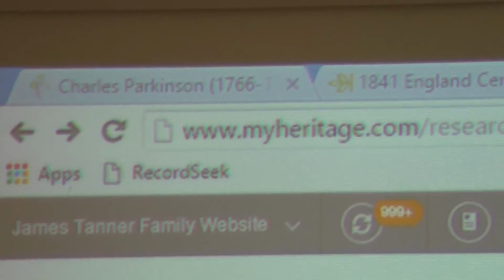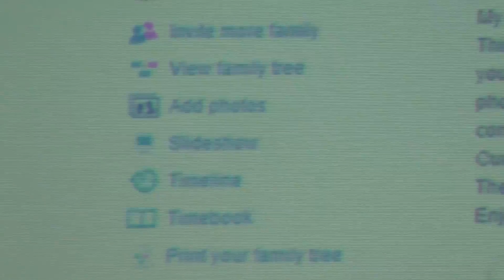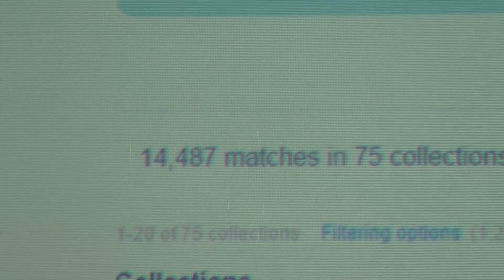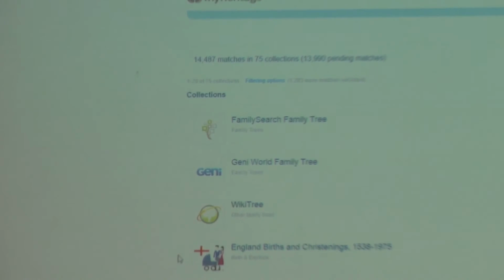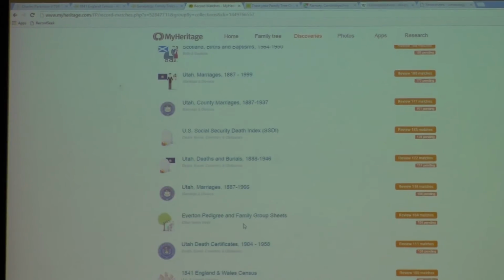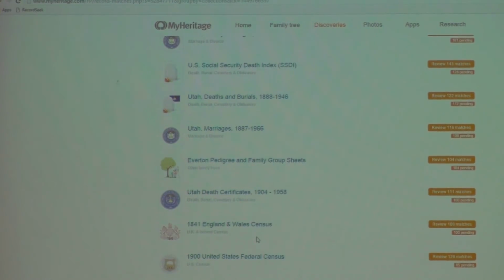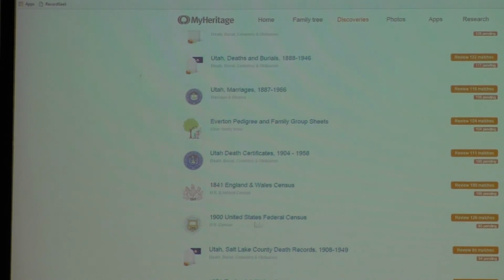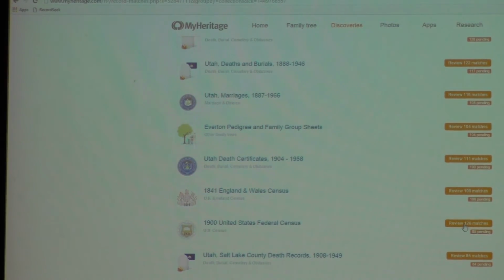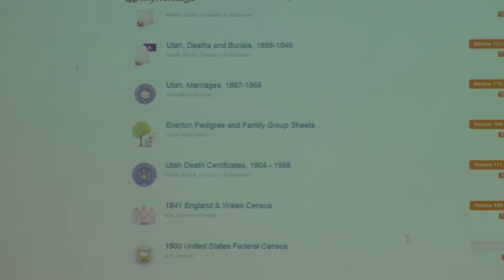Now once you have that link, then you can start working here on the program. I'm going to go back home and look at all the matches I have. And I can go down here and see all the different categories. I have 75 different collections. So let's say today that I was interested in someone who was in the 1900 United States Federal Census. So I have 126 matches in the federal census.